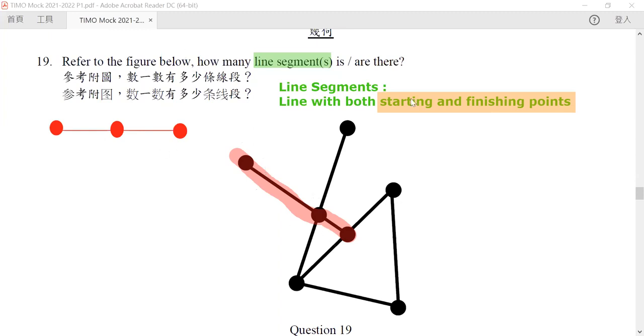If we want to count the line segments, it can be starting from the first point to our second point, it can be starting from our first to our third, and starting from our second to our third. So there are 3 line segments for this line. By the same logic, we can count each line to see how many line segments there are for each of these.